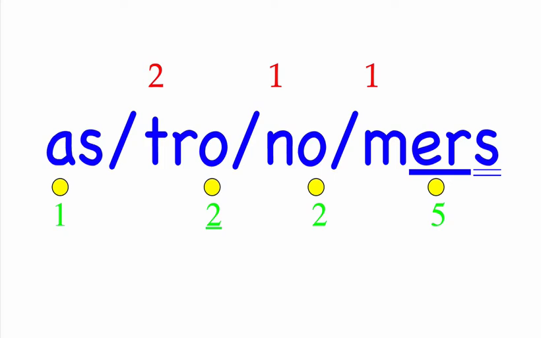Row 3. Peninsula. The state of Florida is a vast peninsula jutting out into the ocean. Pe-nin-su-law. First syllable pe, 2 sounds: p, e.